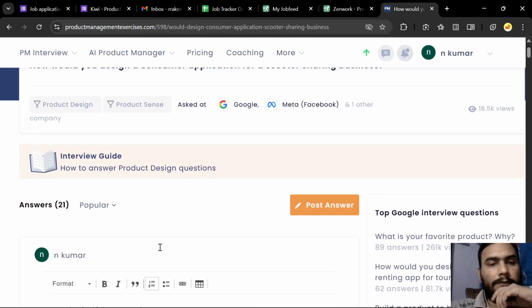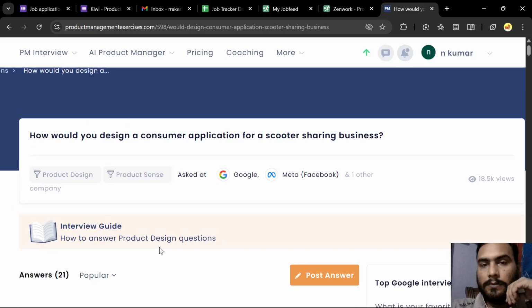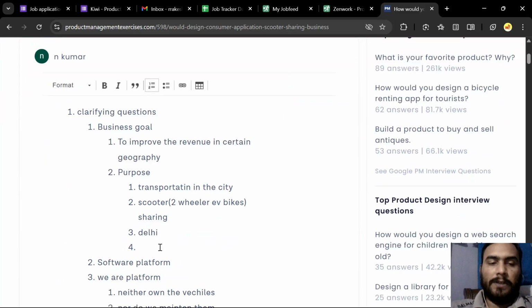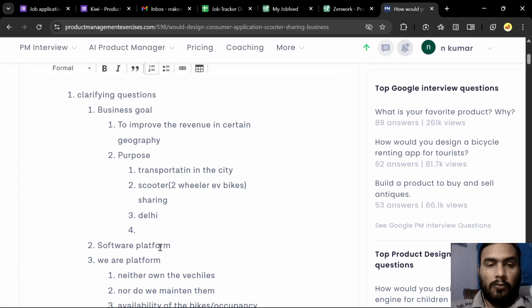So let's reframe and see what all we have discussed. We have tried to dig deeper into what scooter sharing means and why we are trying to build this scooter sharing business, or why we are trying to design a consumer application for it.